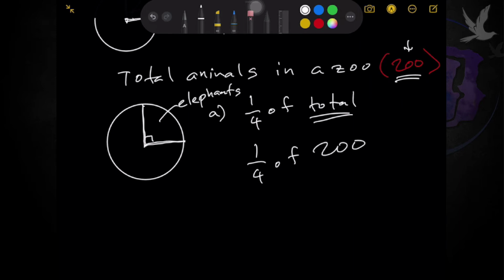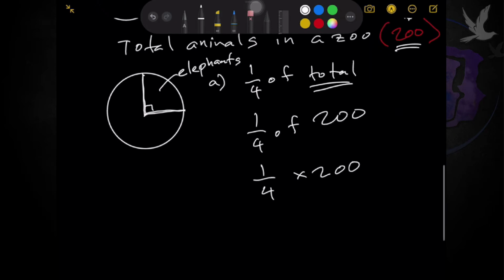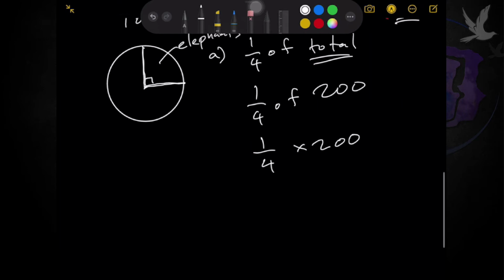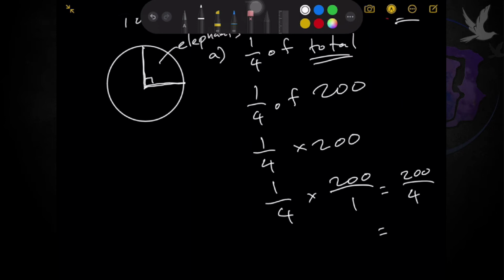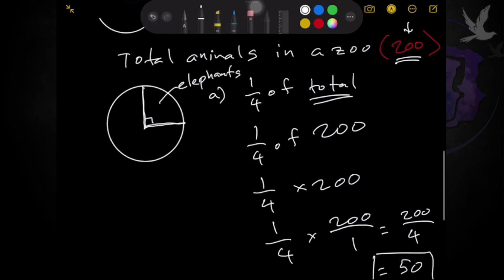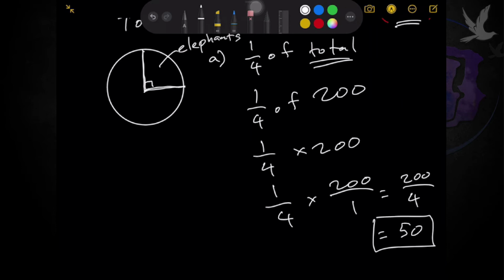Of 200. So, 1/4 times 200. You already know how to deal with this, di ba? Pinakita ko na to sa inyo last time. In which you're going to express it either as a fraction as well, in which you are now left with 200 over 4. 200 over 4 will give you 50. So, which means in this case, just because of this basic data, you now know that there are 50 elephants.